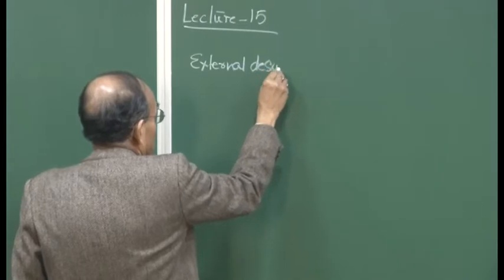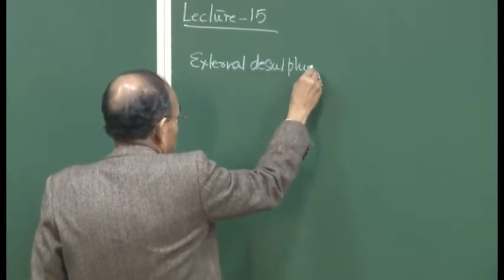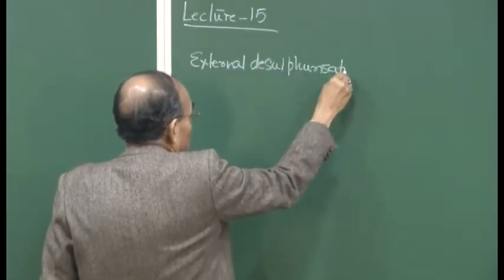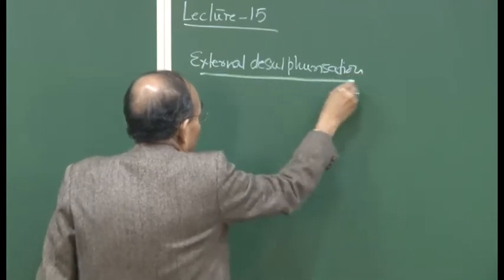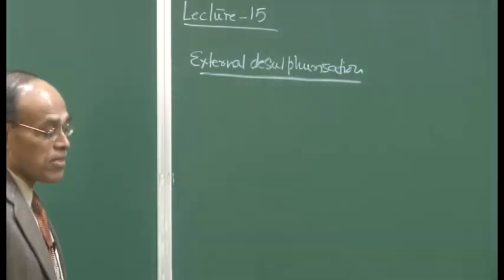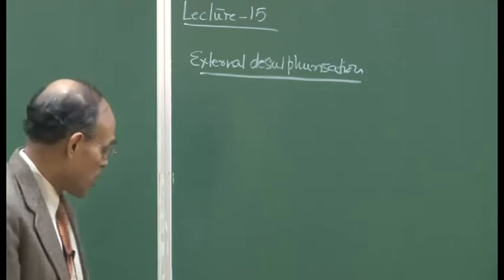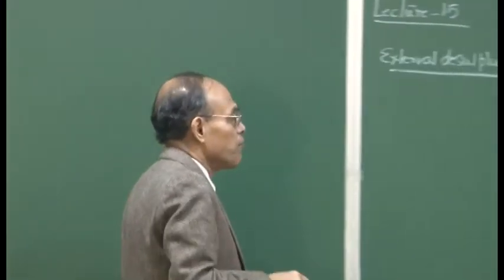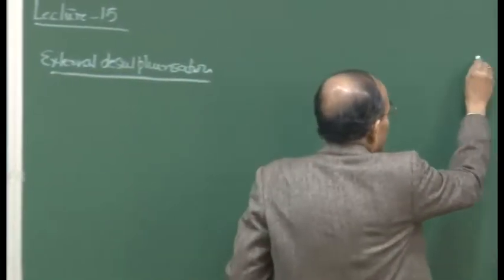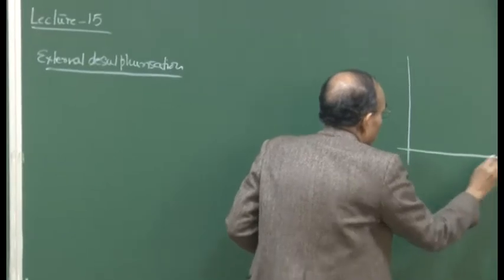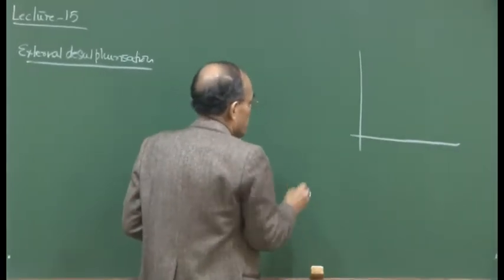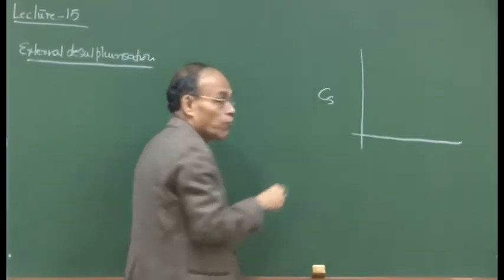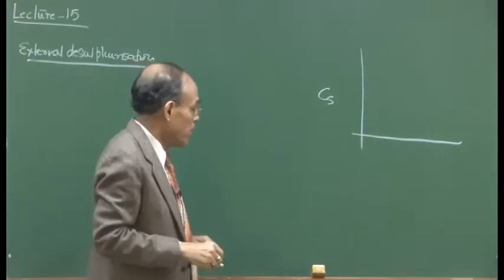desulphurization. In the last class I was talking about desulphurization thermodynamics, and I had drawn a graph just to show that the temperature does not have much influence on the sulfide capacity, for which I also introduced the definition.